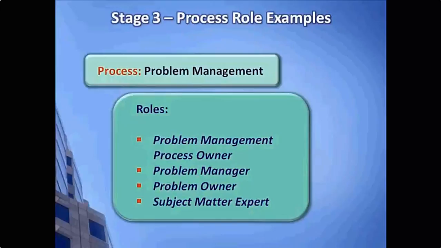So here I've got the role examples: problem management process owner, problem manager, problem owner, subject matter expert. You may have job titles that map to these very easily, or else you may have job titles that are all over the place. What you'll need to do is understand what people do in your organization and try to map people or their job titles into where they may or may not fit with some of these roles.